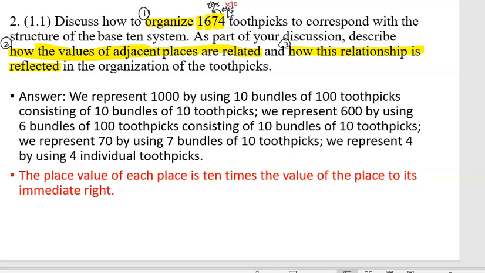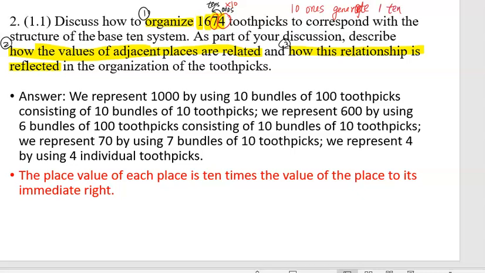For example, if you want to get a tens place, you have to take 10 ones and bundle them together, or stack 10 cubes together. That gives us a bundle of tens, so 10 toothpicks, 10 ones, would generate a 10.